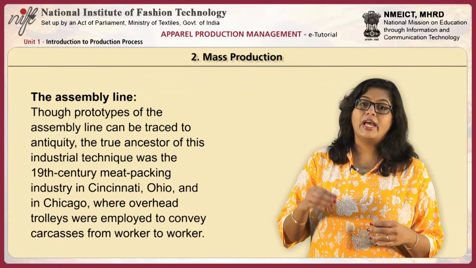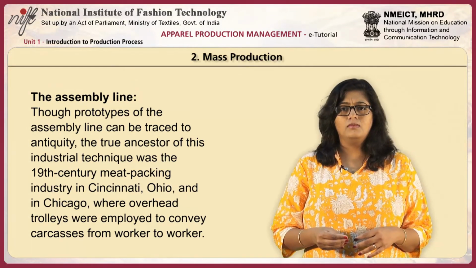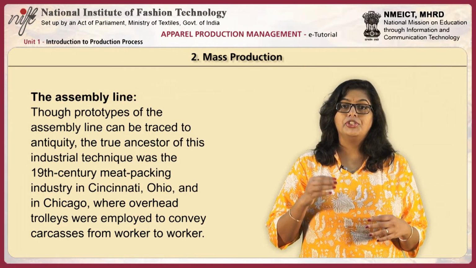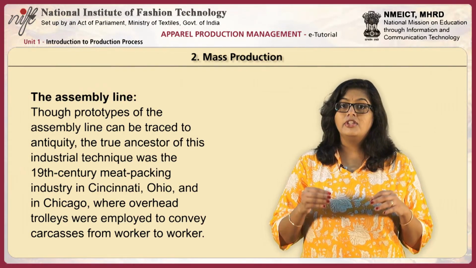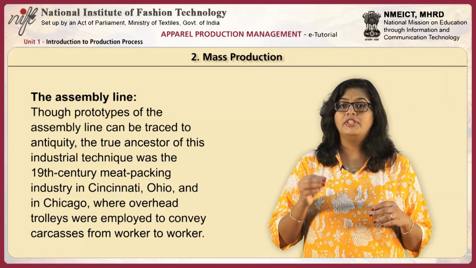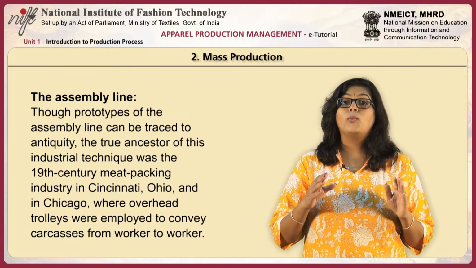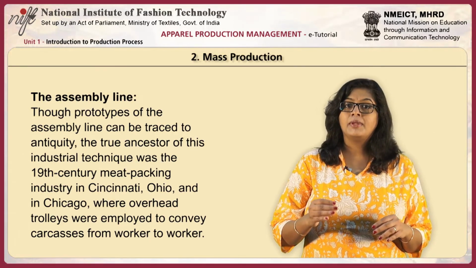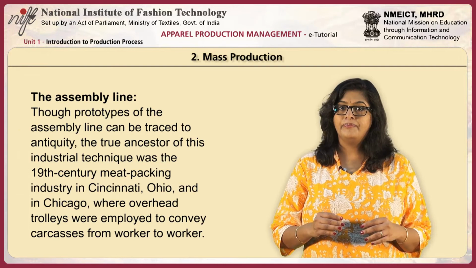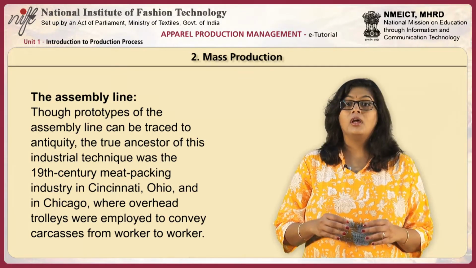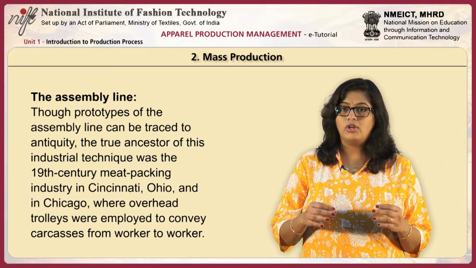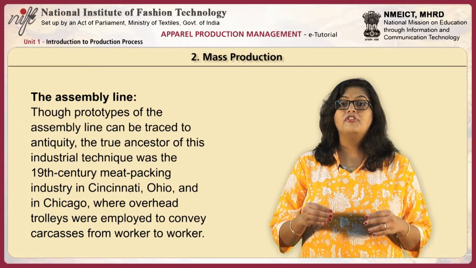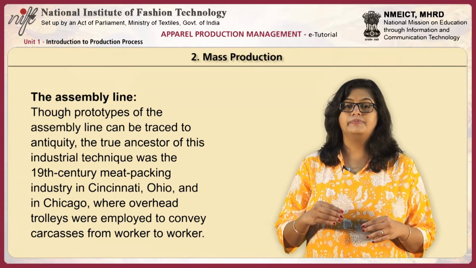Let us try to understand the assembly line. Though prototypes of the assembly line can be traced to antiquity, the true ancestor of this industrial technique was the 19th century meat packing industry in Cincinnati, Ohio, and in Chicago, where overhead trolleys were employed to convey carcasses from worker to worker.